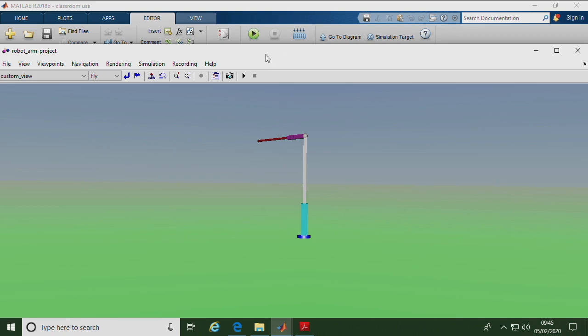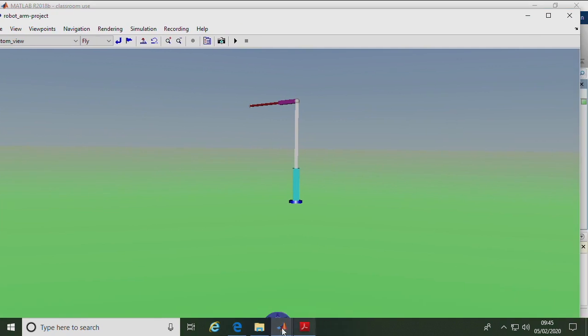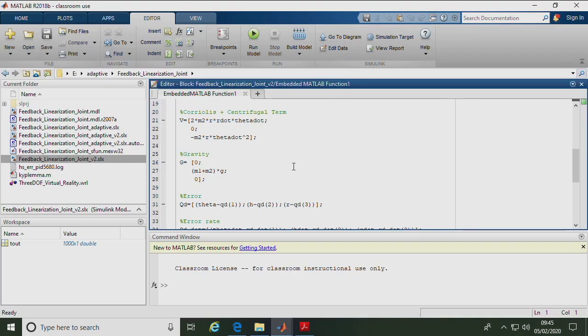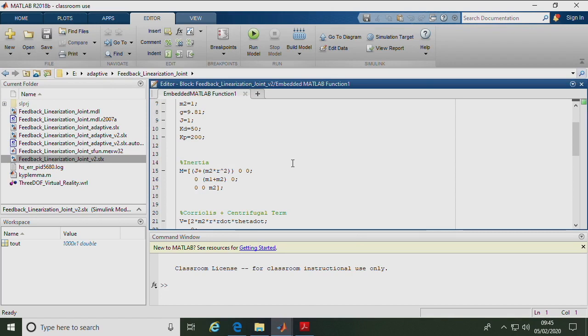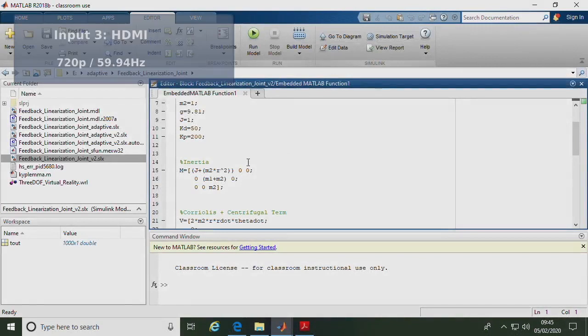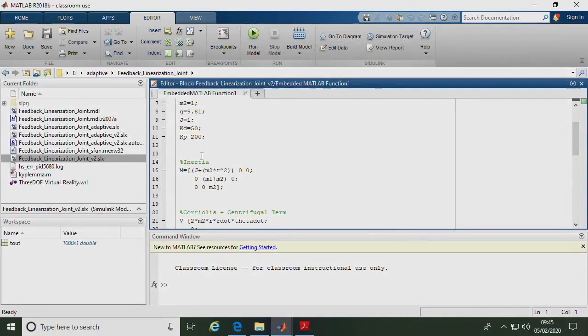What we have here, let's have a look again. This here is our mass matrix, our inertia.